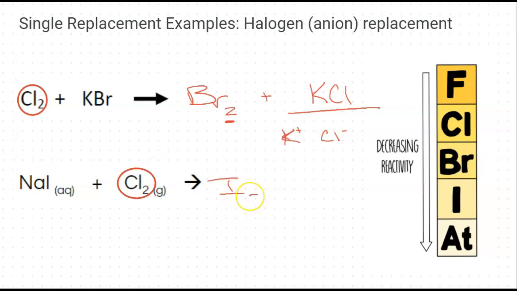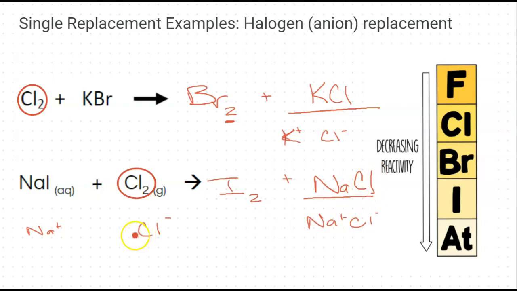Because iodine is a part of Brinkelhoff, it gets the 2. Now I need to fill in my formula for the ionic compound. Sodium is a +1, chloride will be a -1. So I have +1, -1, and when I crisscross and reduce, NaCl is my final product answer.